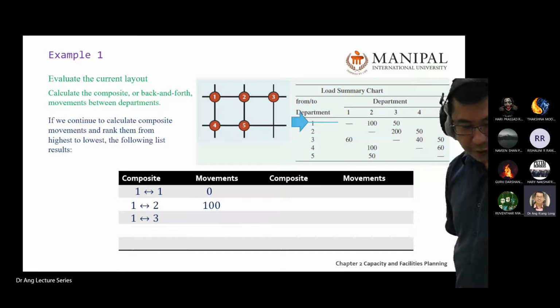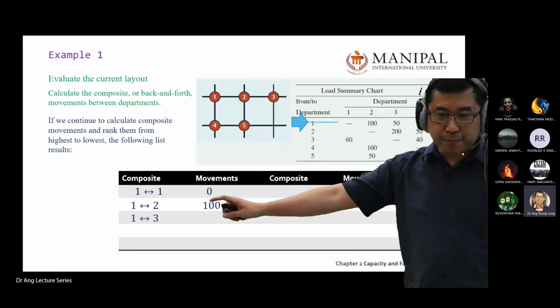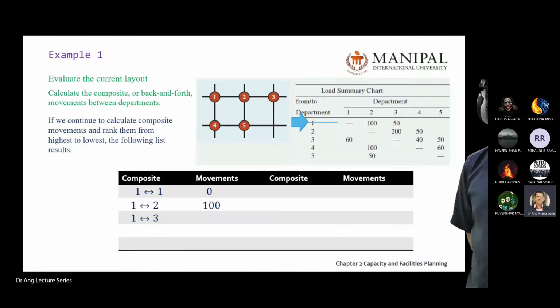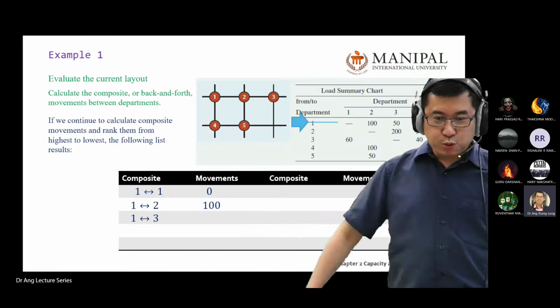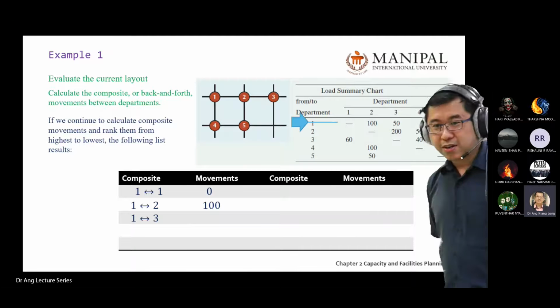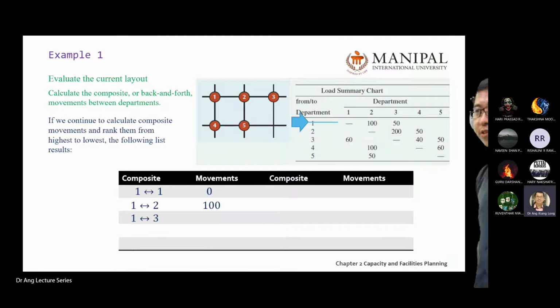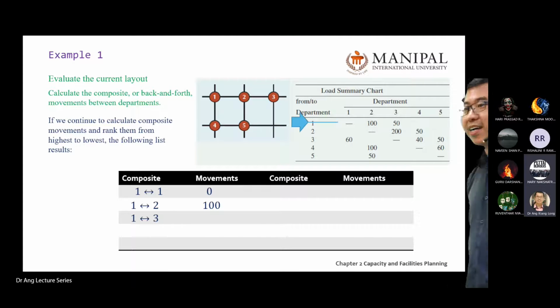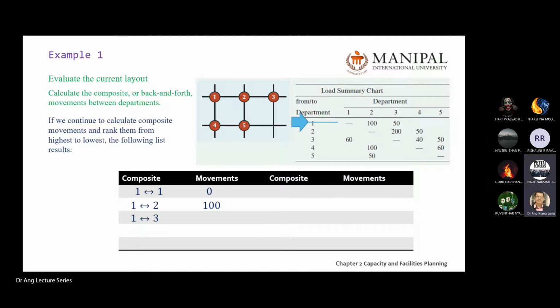1 to 3, 50. We are talking about composite. How did you get 50? You tell me. Station 1, you send to station 3, you get 50, right? Yes, sir. Right. What about the material? Why do you stop the material at station 3? You need to send it back. Sir, I need to add.